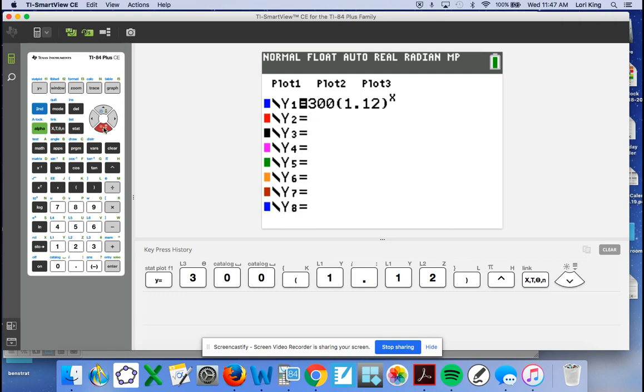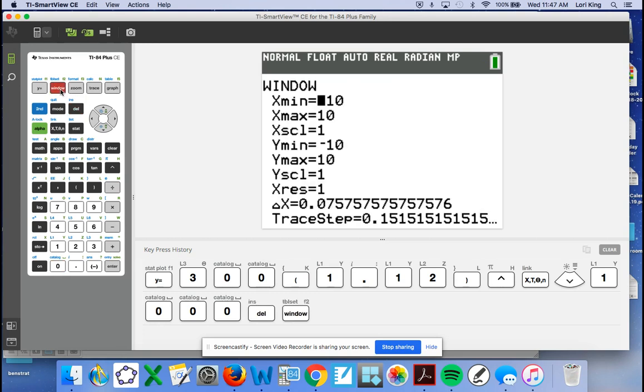And then I go down to y2. And in y2, I'm looking for the intersection between my exponential function and my linear function, y equals 1,000. Before I actually go ahead and graph these, I'm going to go to my window of values. Most calculators are set so the window is in a standard window from -10 to 10.